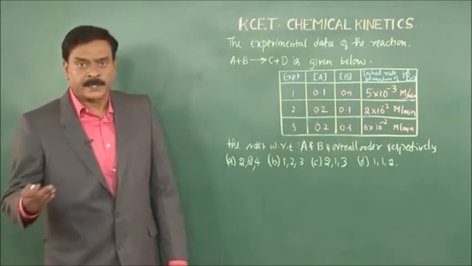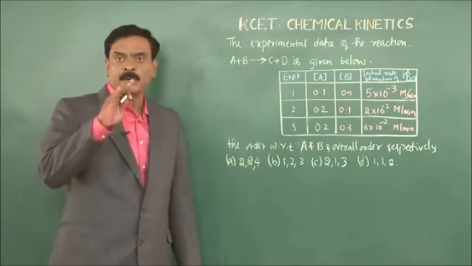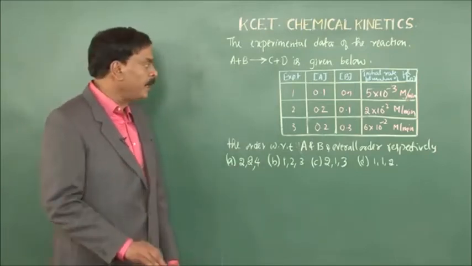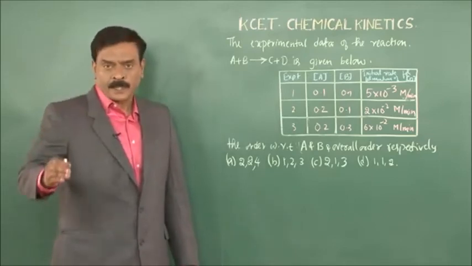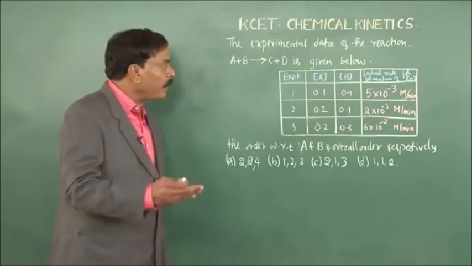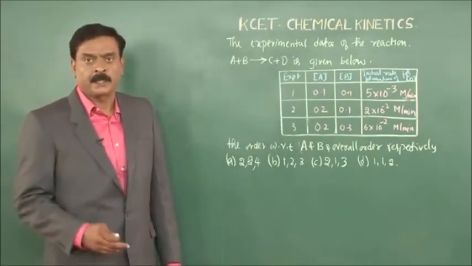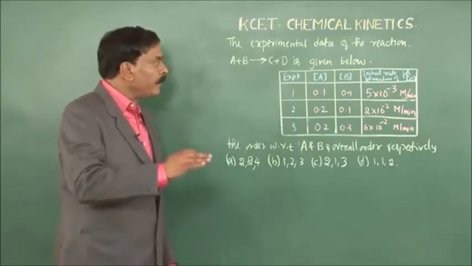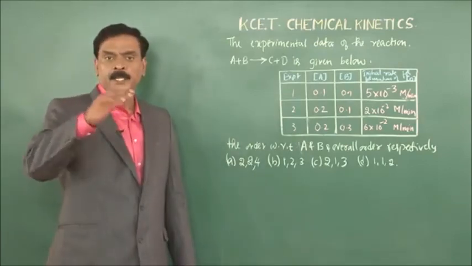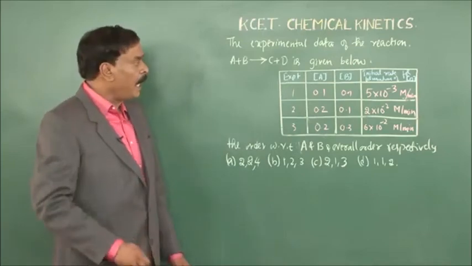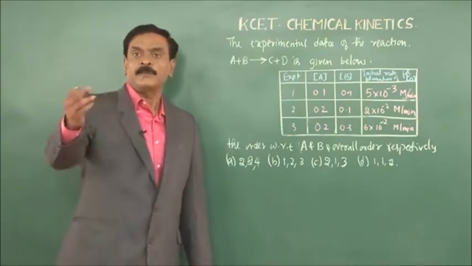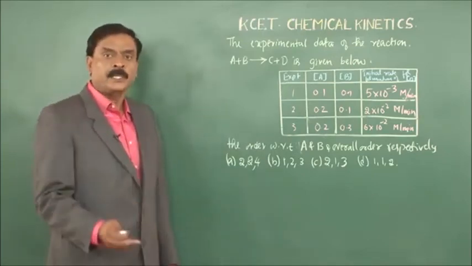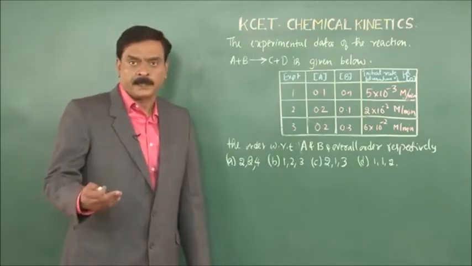In one of the methods, you have to keep the concentration of one of the reactants constant, vary the concentration of the other reactant and find out what happens to the rate. Then you can think of a relationship between variation in concentration of that reactant and the rate of the reaction, which will give the order of the reaction with respect to that reactant.